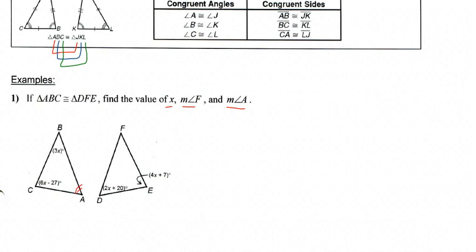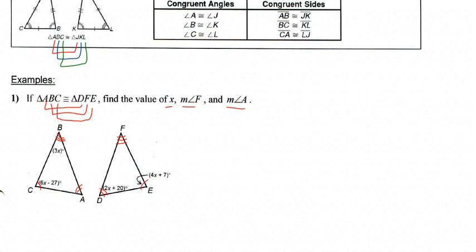Angle A and angle D are corresponding. That comes from the first two letters. And then B and F are corresponding, which I'm going to mark with three arcs. And then C and E are corresponding, and these I'm going to mark with one arc each.